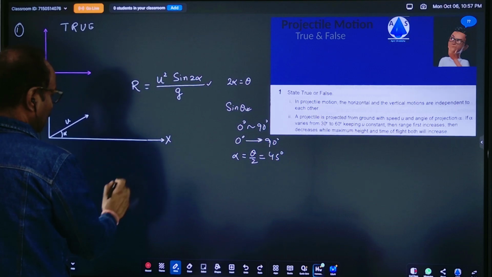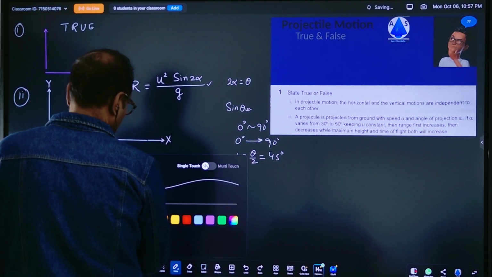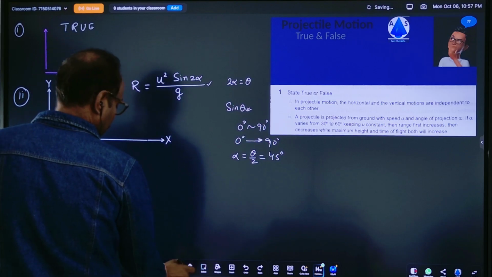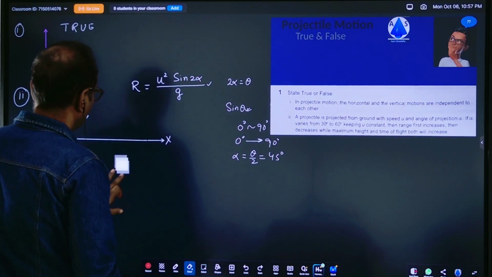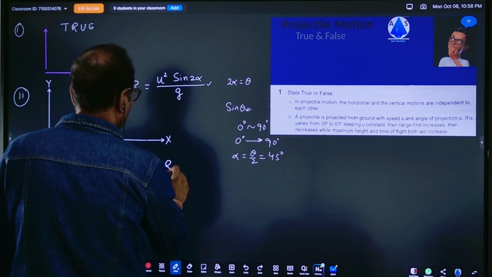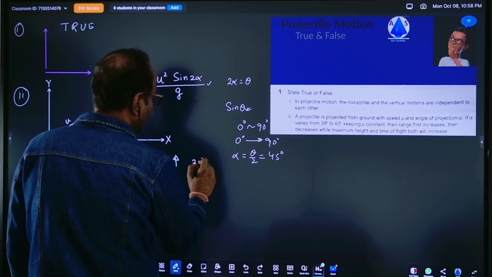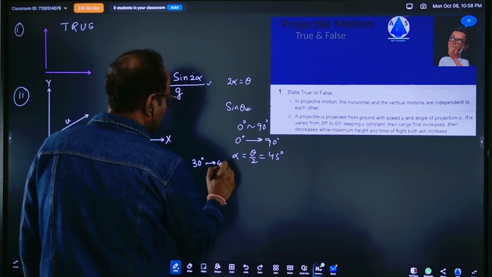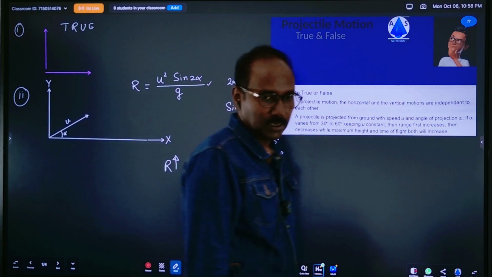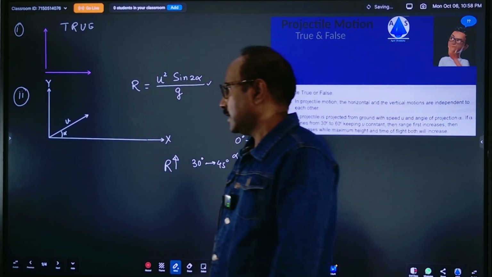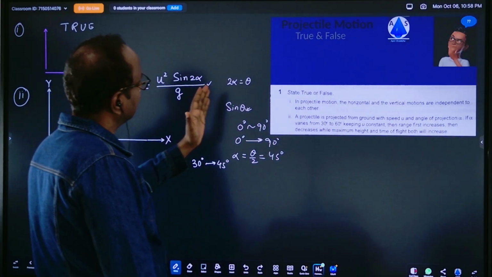So range is increasing when the angle changes from 30 degree to 45 degree. Now what will happen after 45 degree? Then again you know that the value of sine theta will start decreasing after 90 degree.